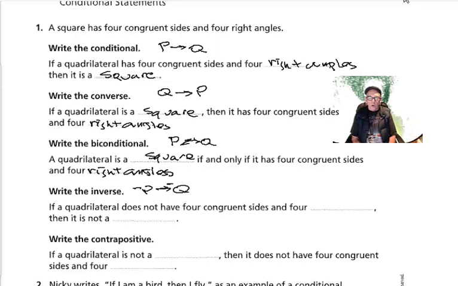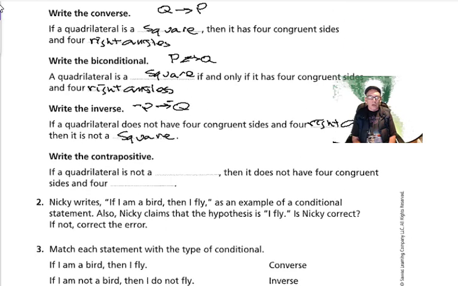Now the inverse is not P, then not Q. So if a quadrilateral does not have 4 congruent sides and 4 right angles, then it is not a square. And the contrapositive has both the P and the Q switched, along with not being added in.